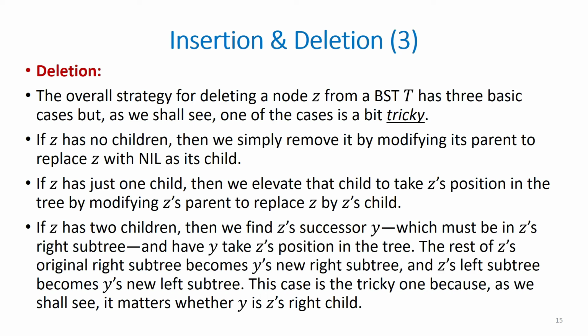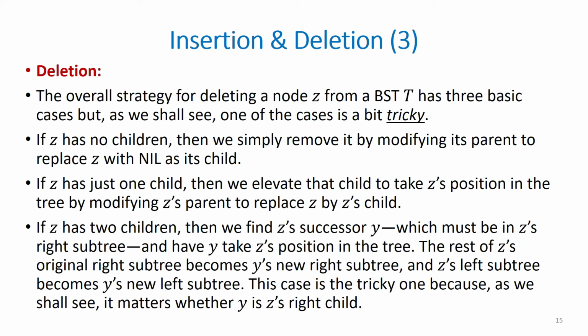What we do in this case is we elevate that child to take z's position in the tree and modify z's parent to replace z by z's child. Now, the third and most tricky case is when z has two children. In this case, we first find the successor of z. Let's call it y.